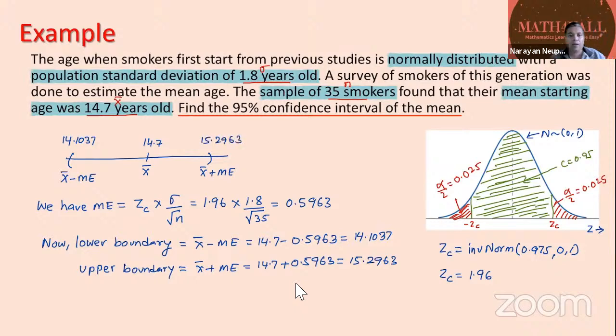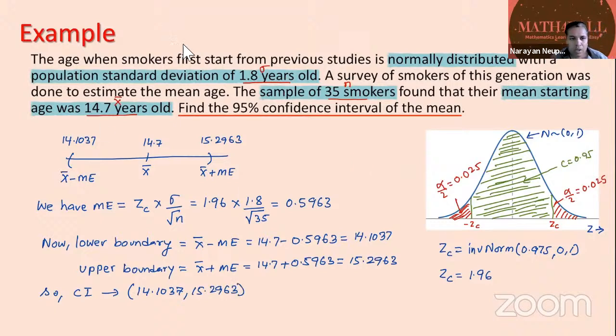15.2963. So meaning of that is we are looking for the average starting age of the smoker, right? When they start. So the mean lies between these two values. So the confidence interval will be, we can write like this. Confidence interval is 14.1037 up to 15.2963.